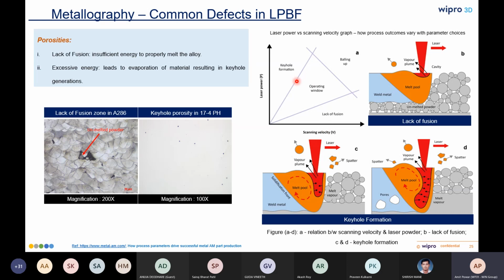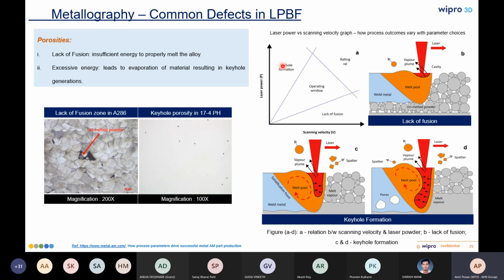So, if we scan too fast with too little power, then we will land in the region where the part does not fully melt, leading to lack of fusion porosity. And if we apply too much power for the chosen speed, then we may overheat the melt pool, causing deeper energy penetration and leading to an effect known as keyhole formation.